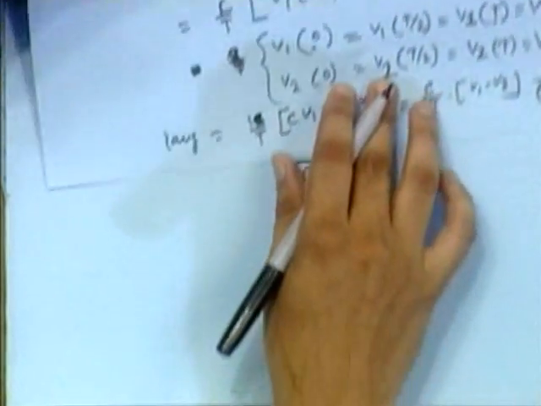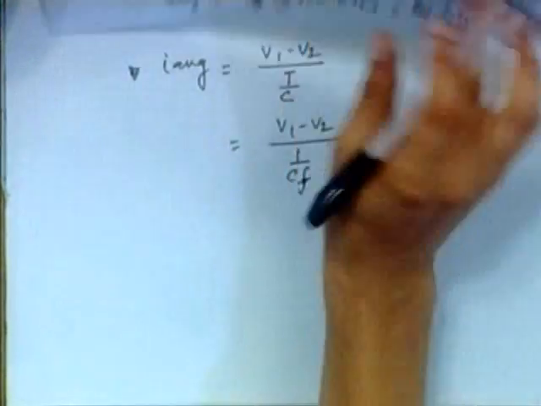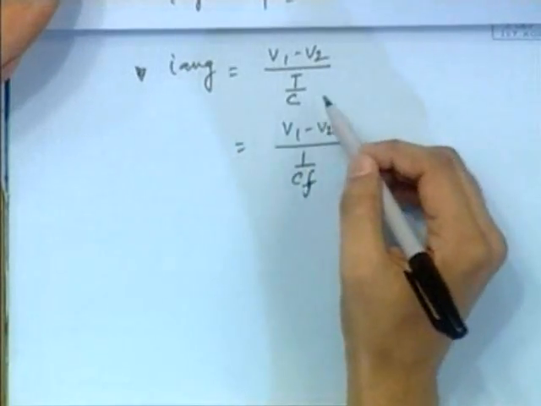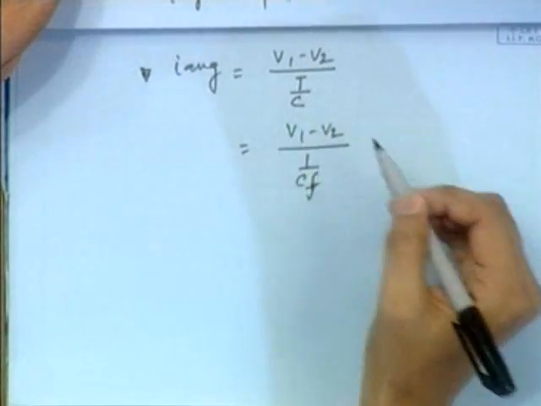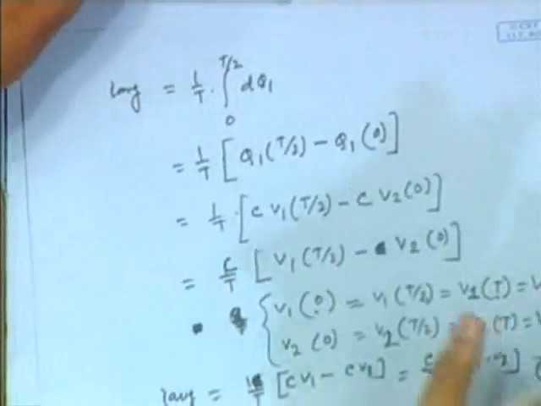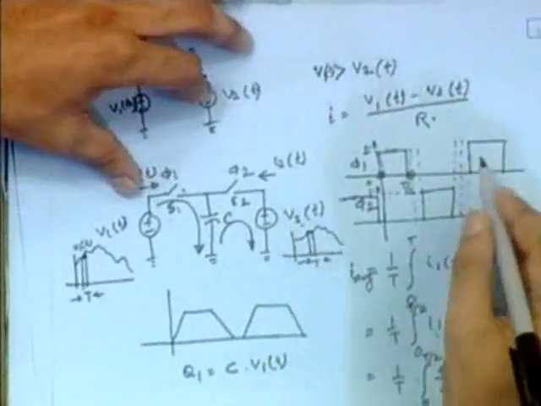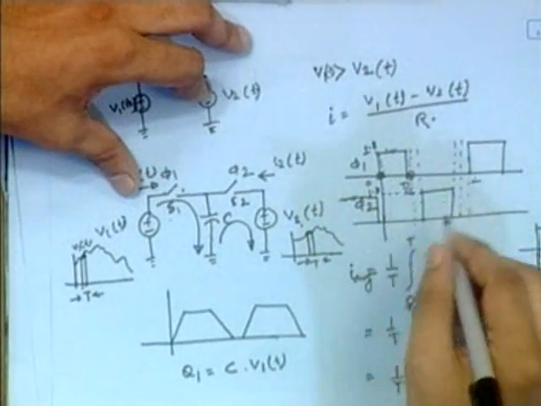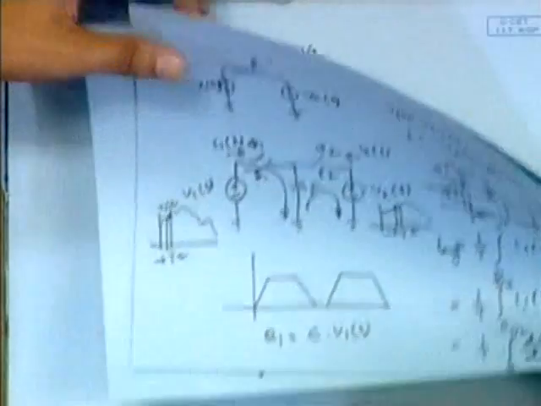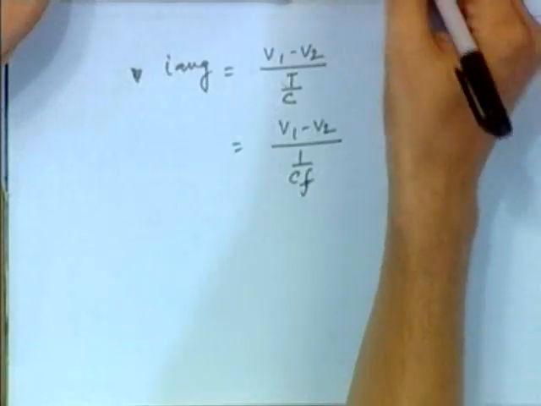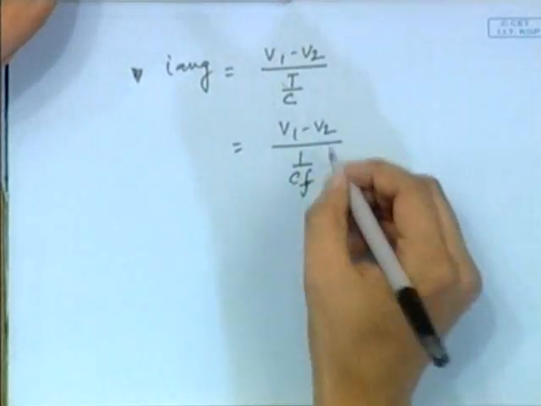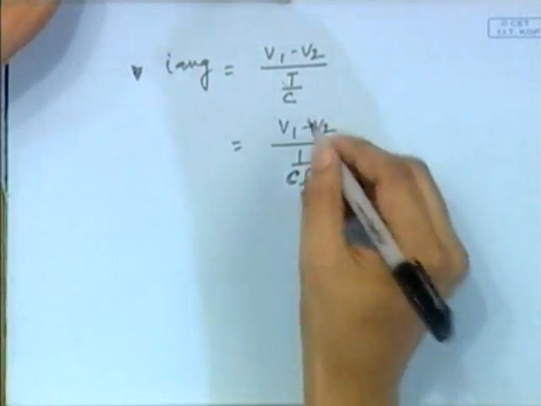Now we can write it this way: I average is equal to V1 minus V2 divided by T by C, and this T is the time period of this clock pulse, of this clock. So 1 by T is that clock frequency, and C is that capacitor.